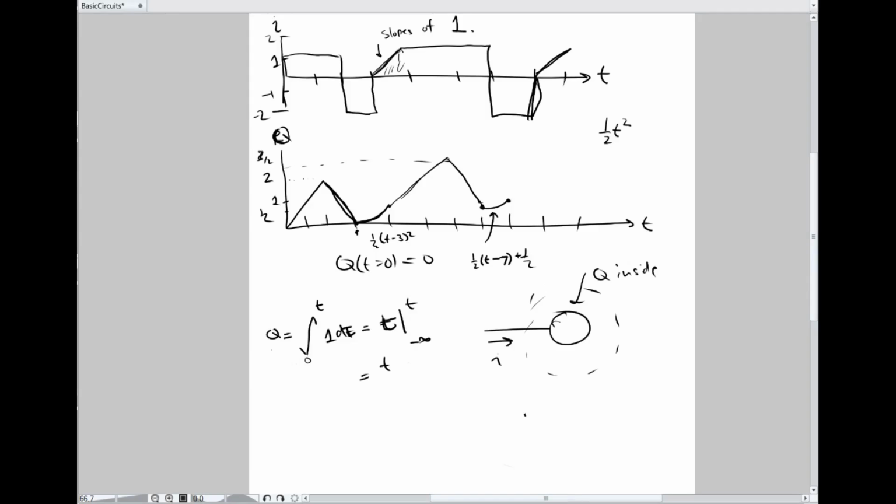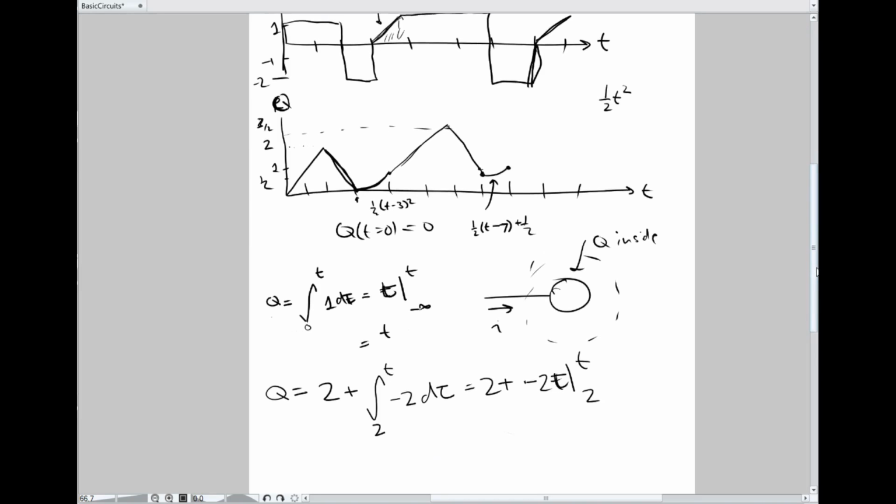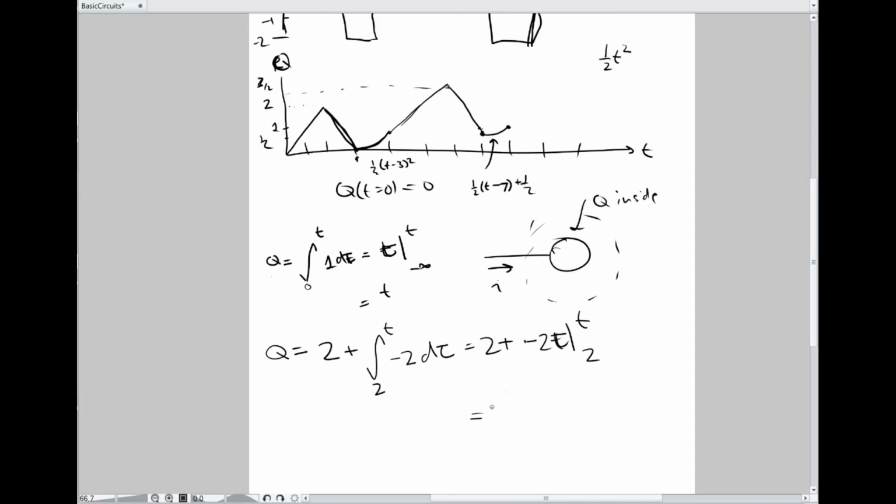Okay, so to continue this, I would say that in the region from 2 to 3, q is equal to whatever it was at time 2, which was 2, plus the integral from time 2 to whatever time t of the value of i, which is minus 2 d tau, which is equal to 2 plus minus 2 tau evaluated from 2 to t, which is equal to 2 minus 2t plus 2 times 2, right?